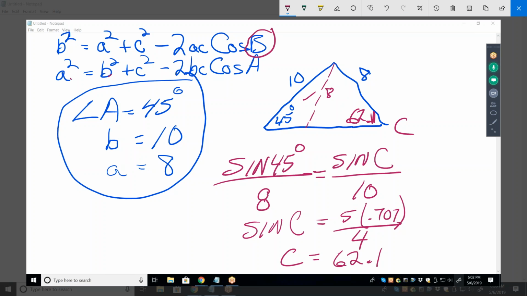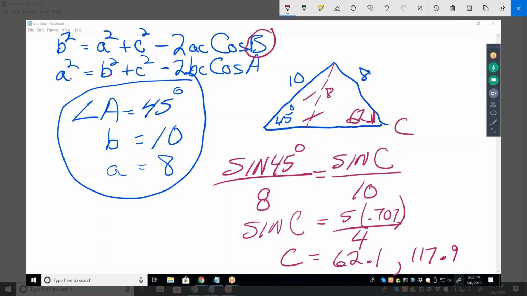If there is a second triangle, that angle will be the supplementary angle. Well, what's the supplementary angle to 62.1? 117. I'll let you do it on your calculator. Yeah, 117.9.